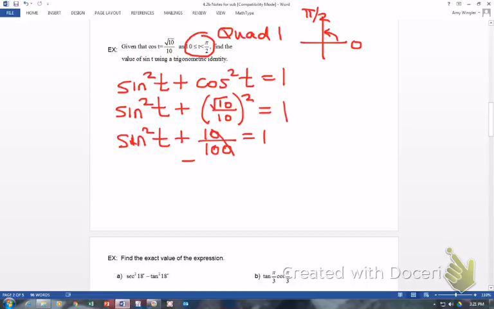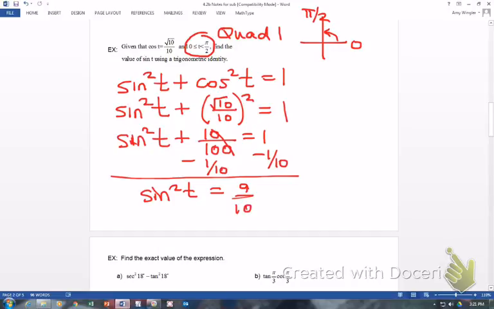So now if I subtract 1/10 from both sides, I get that the sine squared of t is equal to 1 minus 1/10, which is 9/10. And now just like you did in algebra, if this were x squared equals 9 over 10, you would take the square root of both sides.